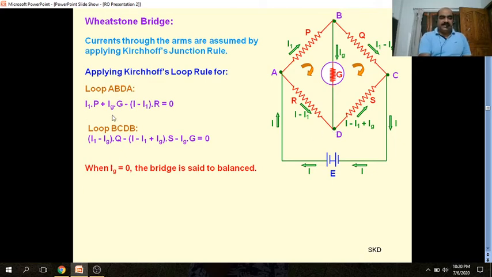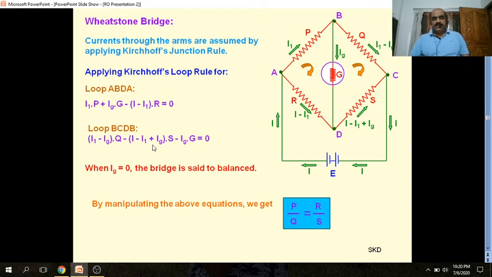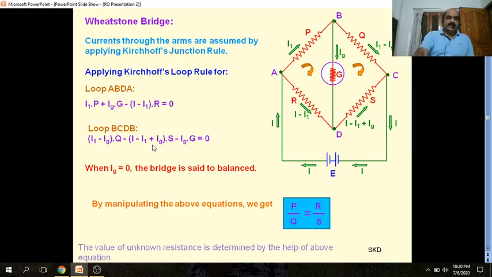By substituting Ig equal to 0 in these two equations, and after manipulating them, we will get P by Q is equal to R by S. So this is the condition for the ratio of the resistances when Ig is equal to 0, or vice versa, we can say if the ratios of resistances are equal, then only Ig is equal to 0, and the bridge is said to be balanced.